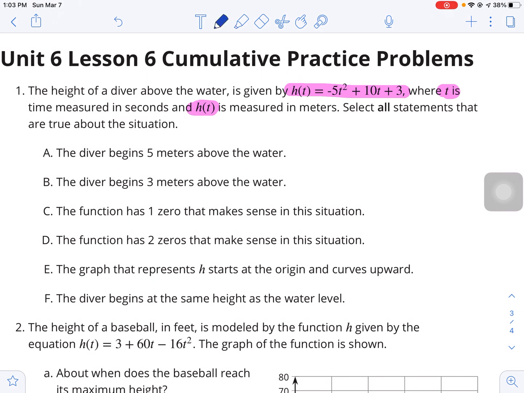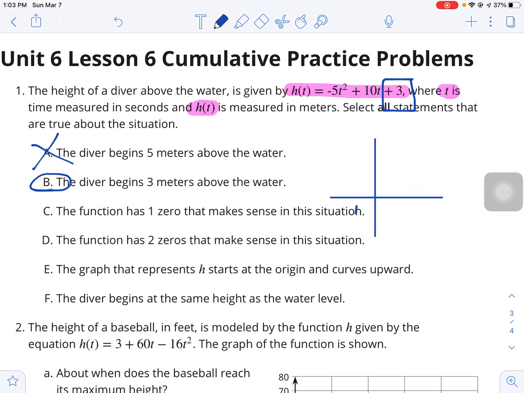The diver begins 5 meters above the water. Remember, this is our initial height in these time height functions, so this is a no. The diver begins 3 meters above the water is true, though. The function has a 0 that makes sense in this situation. Right, if the diver begins 3 meters above the water, we're just interested in that particular part of the parabola.